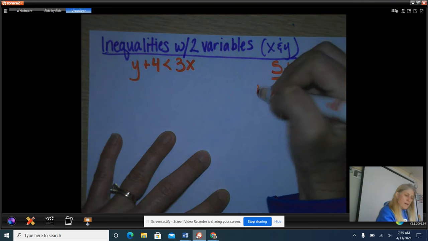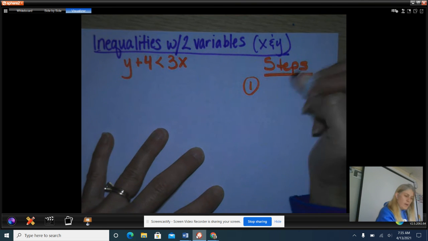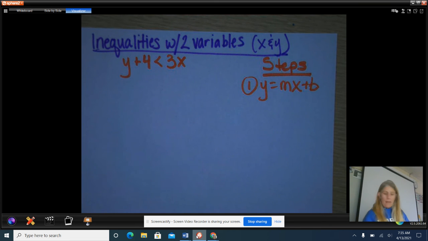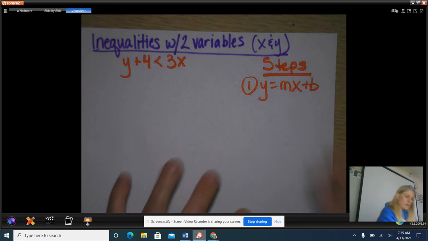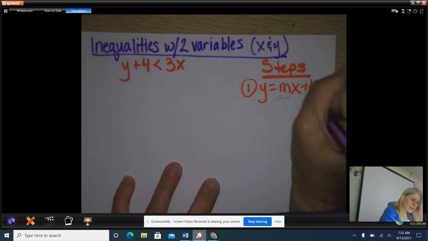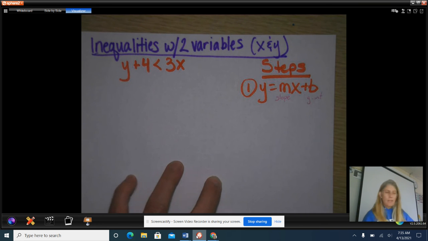So step number 1 is we are going to put it in the form of a line, y equals mx plus b in slope-intercept form. Now, remember that our m is our slope and our b is our y-intercept, because we're going to be graphing these.